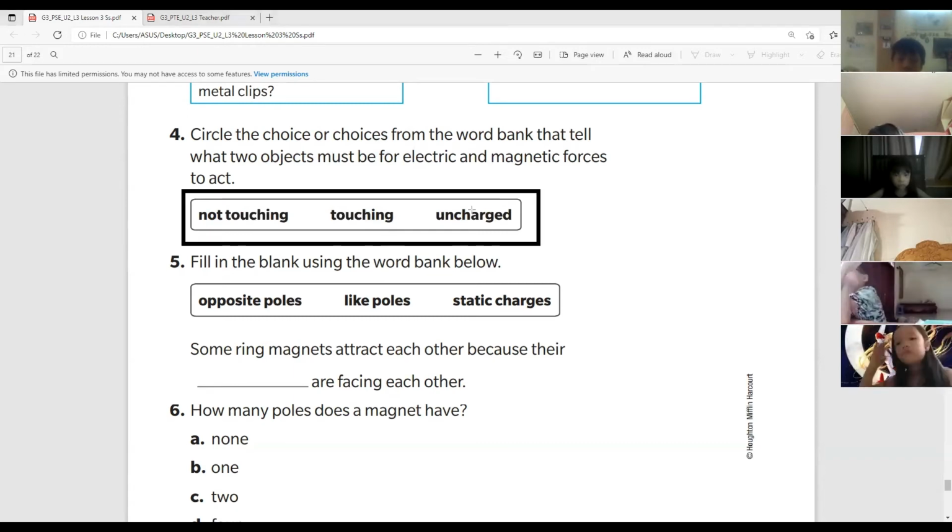What two objects must be electric and magnetic forces to act? So electric and magnetic forces have to be not touching, touching, or uncharged. What do you guys think?